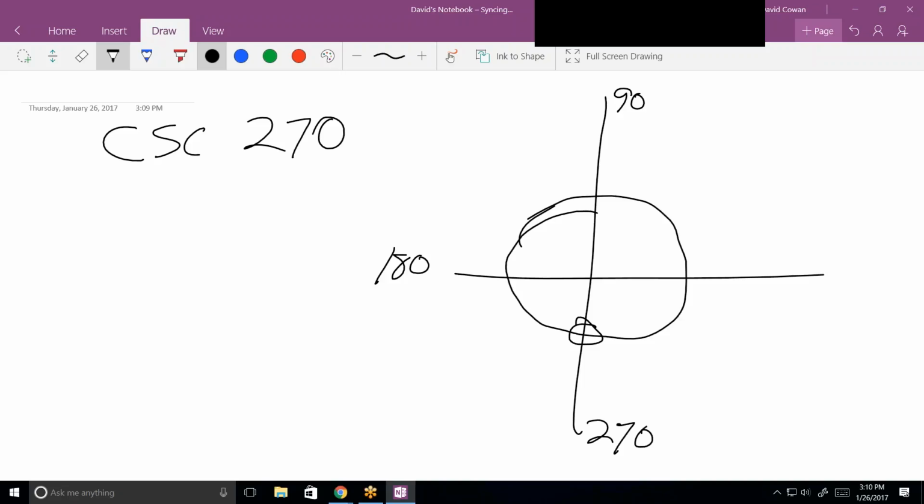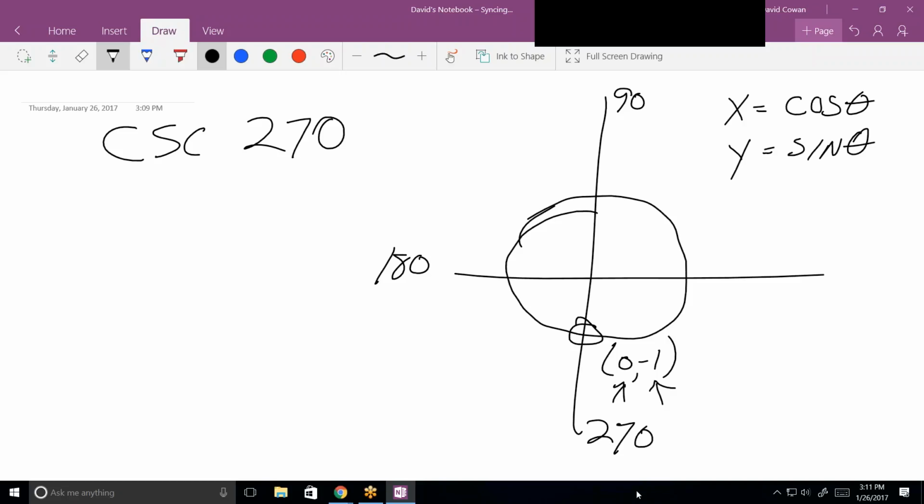First of all, what are the x and y coordinates of that point that I just circled? 0, -1. And the thing you need to remember is that x is equal to cosine of theta, y is equal to the sine of theta. If I said, what's the cosine of 270 degrees, the answer is 0. What's the sine of 270 degrees? The answer is -1.